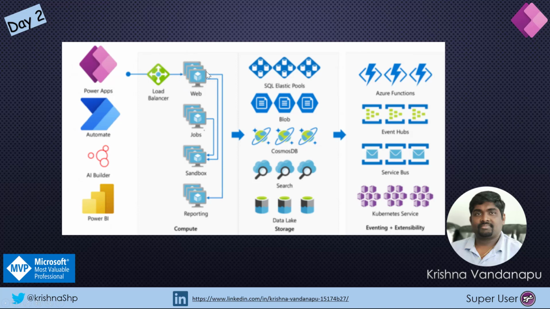These web front-end servers sit in various regions in Office 365 as part of Microsoft servers. That will be redirected to a particular web server and then the respective job will be executed.